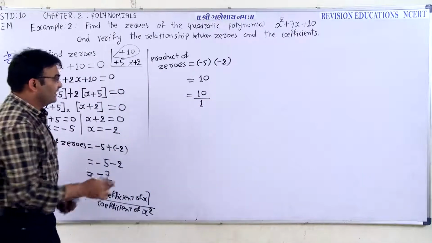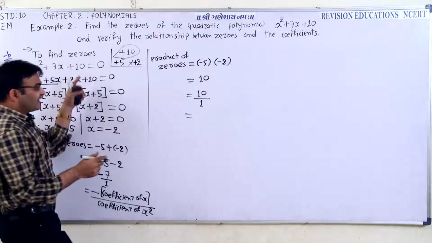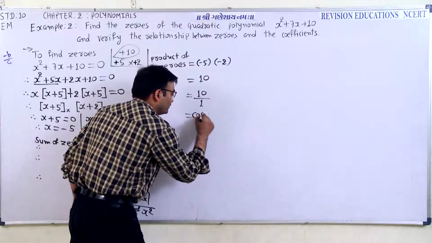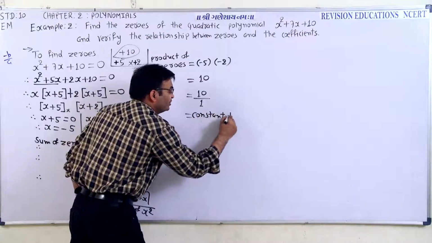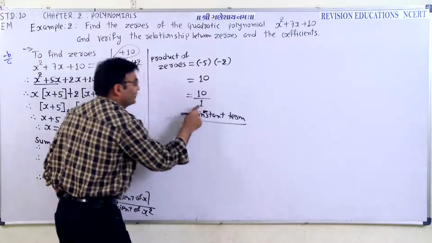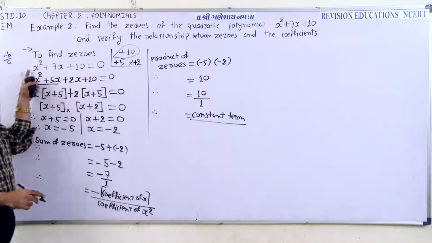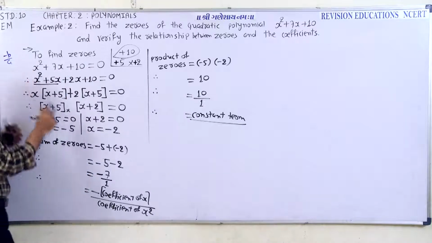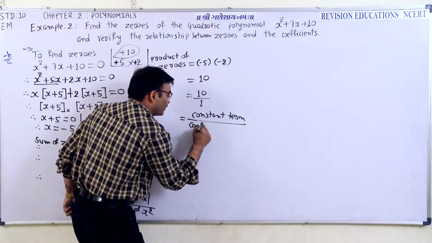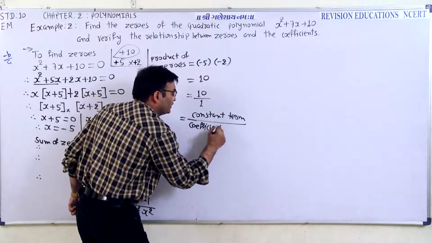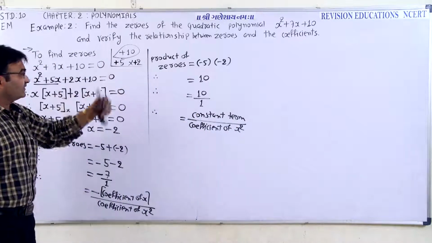Friends, we can see what is 10? 10 is a constant term. And in denominator, what is 1? 1 is a coefficient of x square. So this is our answer.